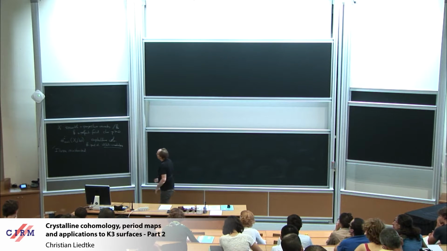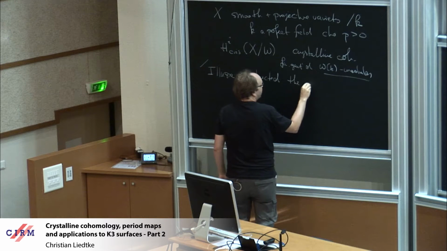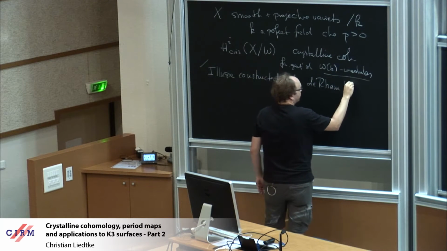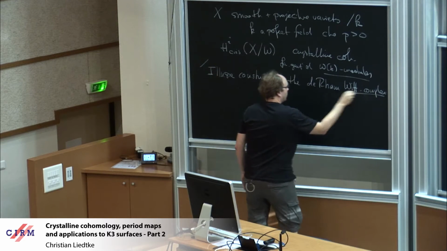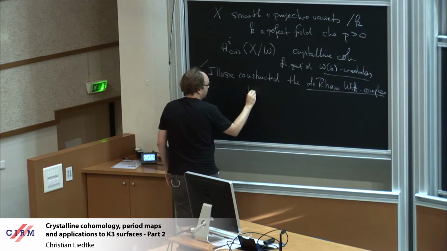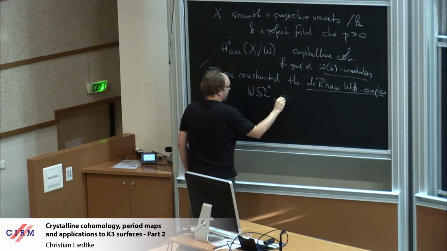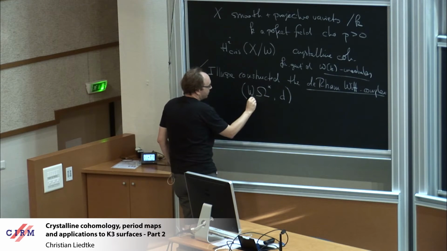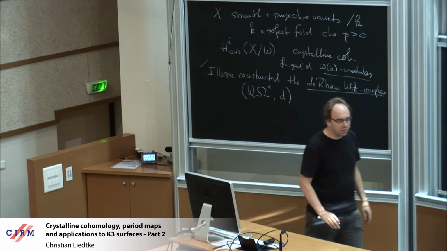And so there is an analog of this in this situation here. It's called the de Rham-Witt complex. So this is somehow denoted W Omega_X complex. You can define this for W_n, for all n. In case n is 1, it's just the de Rham complex.